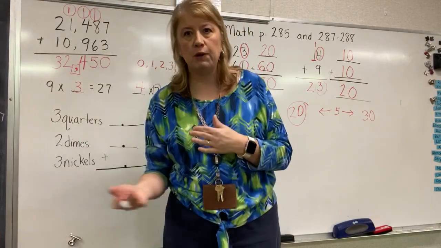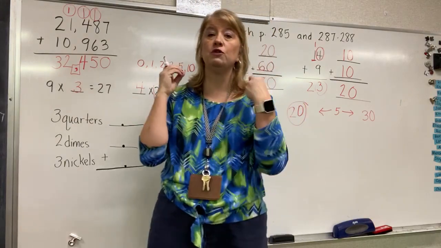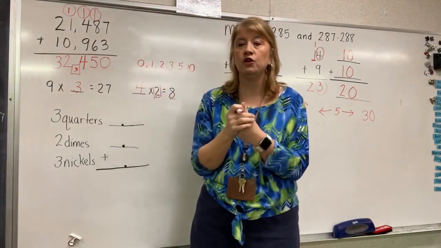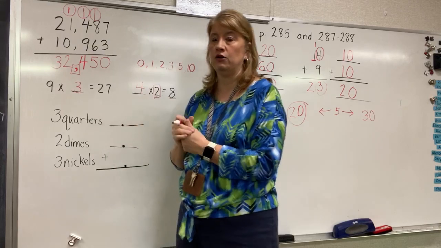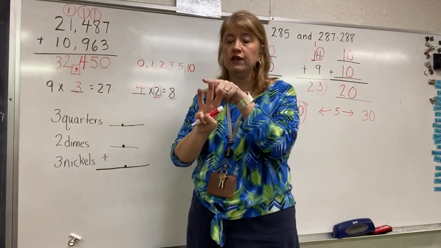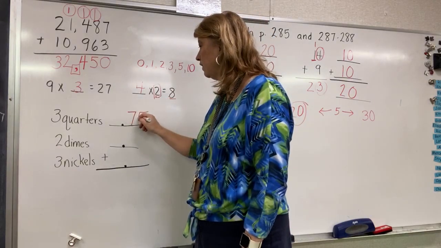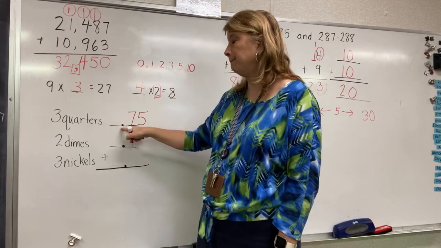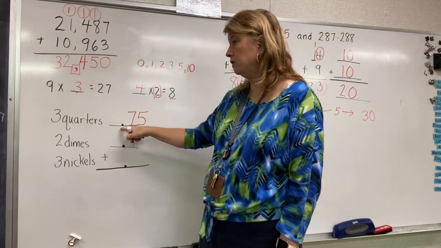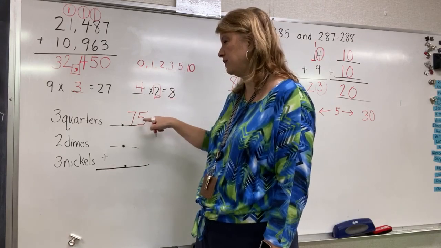And then it'll repeat the pattern, 225, 250, 275, 300. It repeats the pattern. So if we have 3 quarters, 25, 50, 75. So we put our 75 here. Make sure the decimal is right here, and we don't divide it up. We leave it on this side of the decimal.